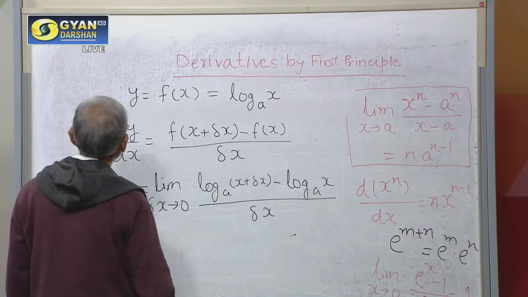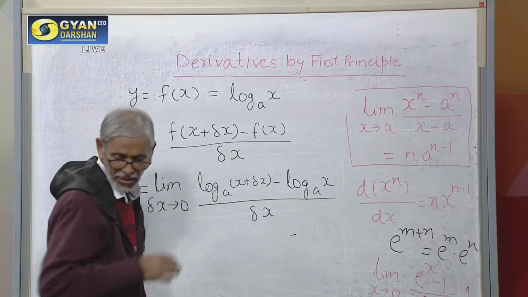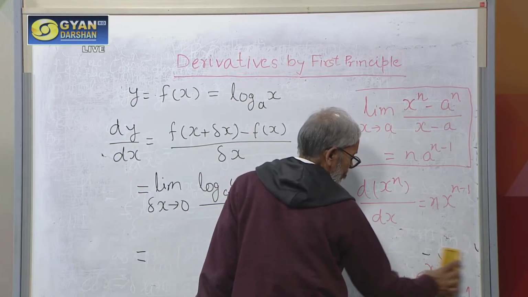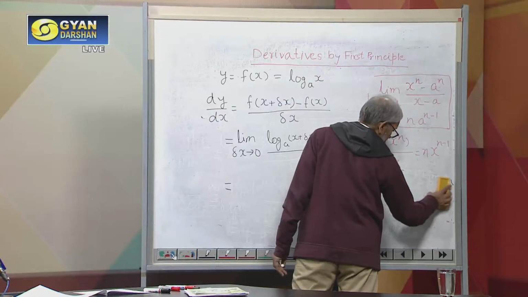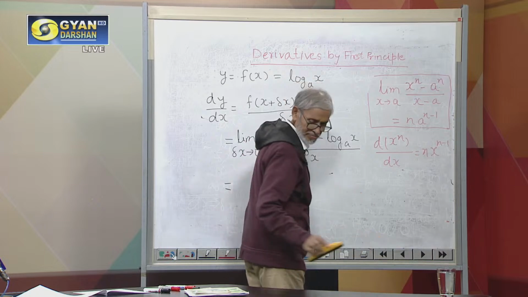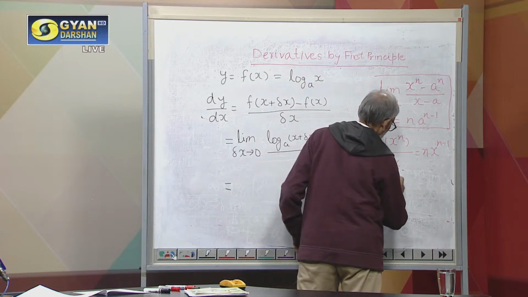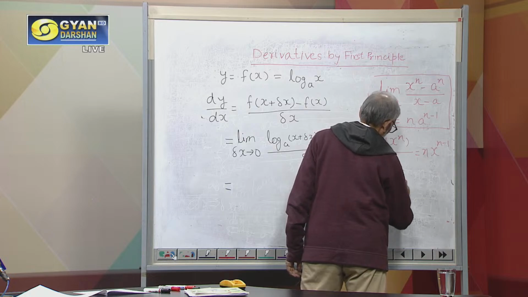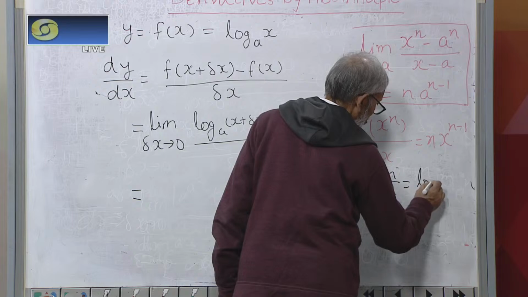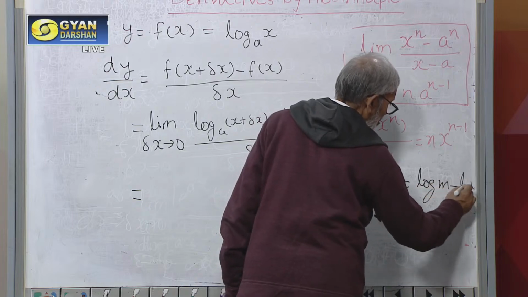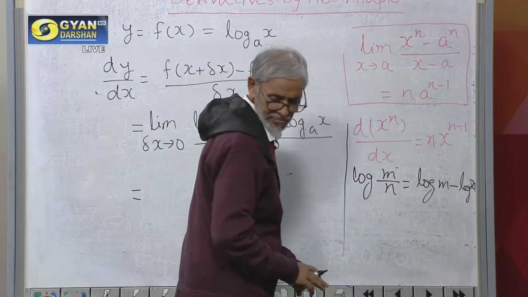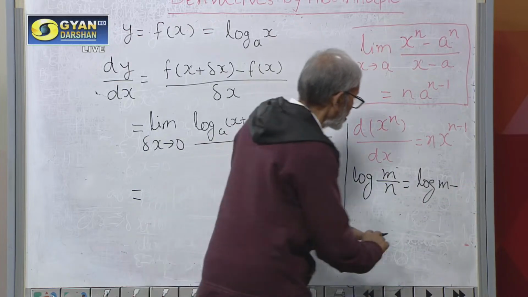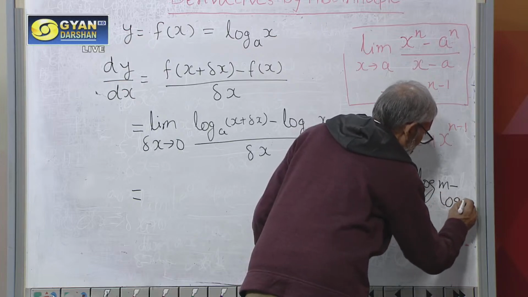Now, you must be remembering the property of logarithmic function, that is, log of m divided by n is equal to log m minus log n, or vice versa, log m minus log n.